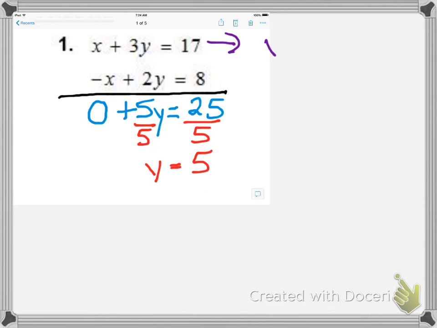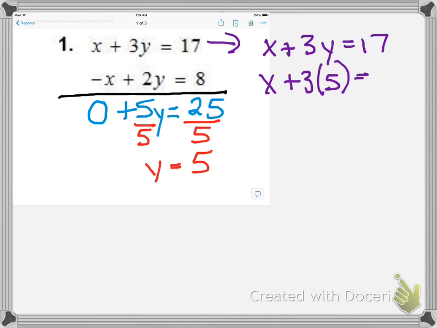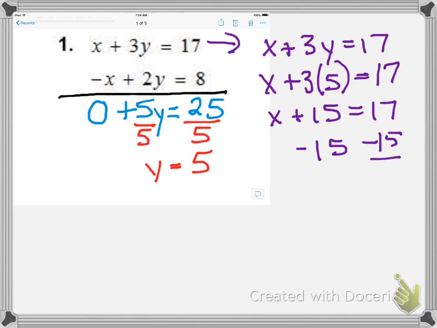So I have x plus 3y equals 17. So we have x plus 3 times 5 equals 17. 3 times 5 is 15. So our last step before we solve for x is to subtract 15 from both sides.